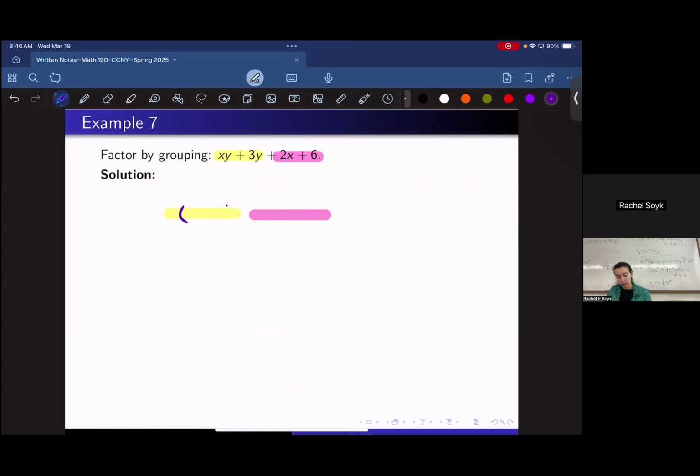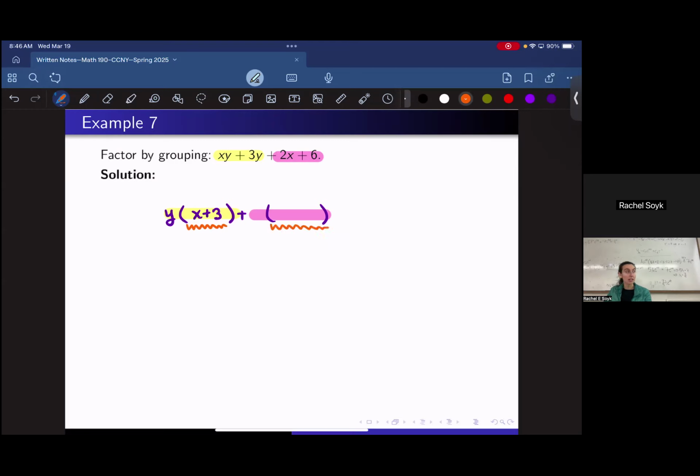And so in our yellow scenario, what can we pull out between xy and 3y? They both share a y, which means what's left in parentheses? Just x plus 3.